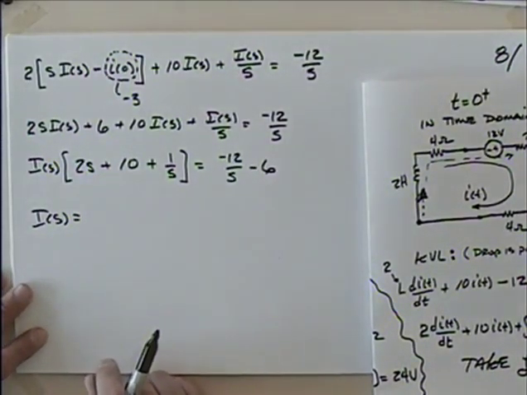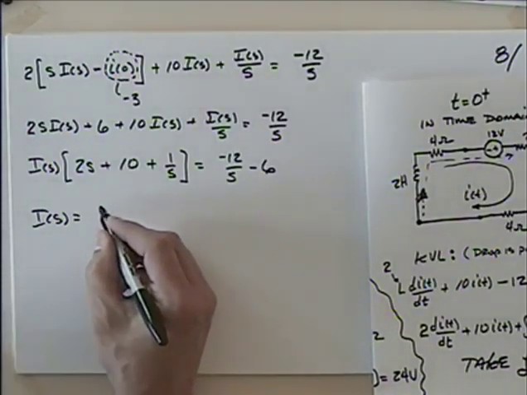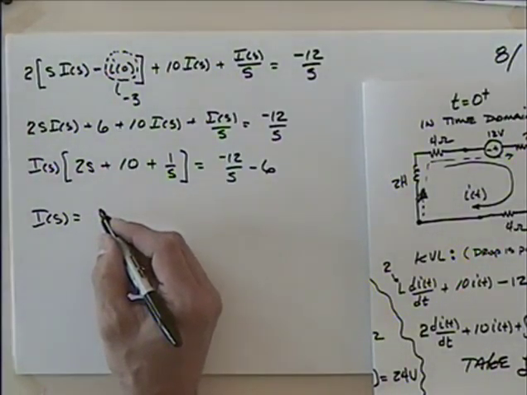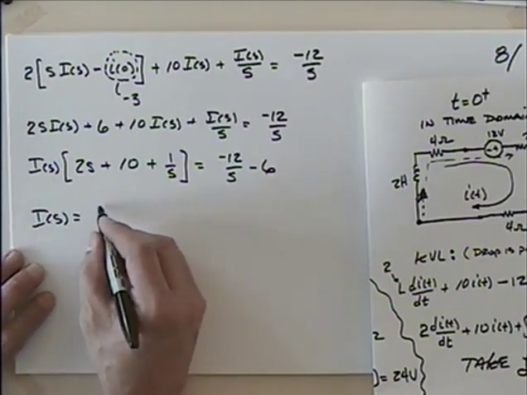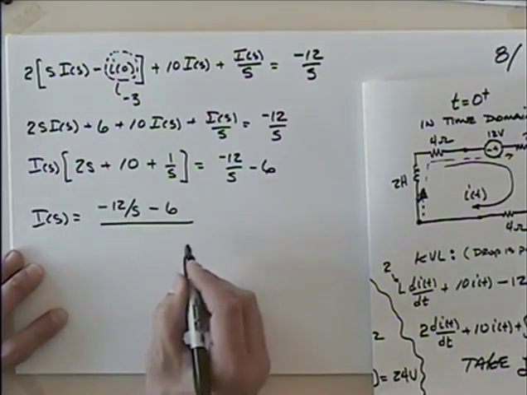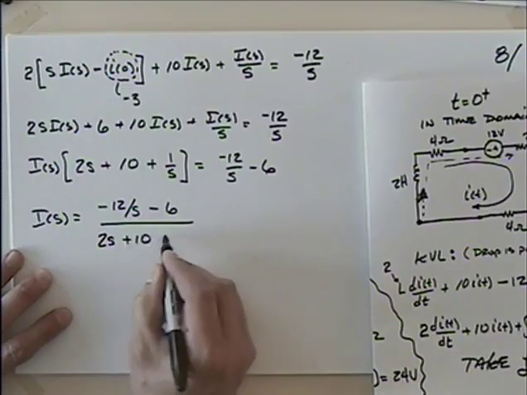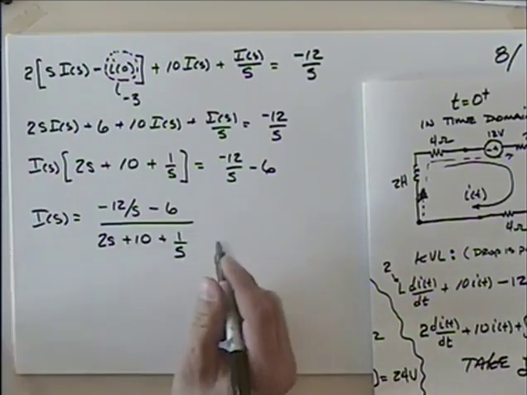No, I left that off. Good. Okay, so now we have minus 12 over s minus 6 divided by 2s plus 10 plus 1 over s, right?